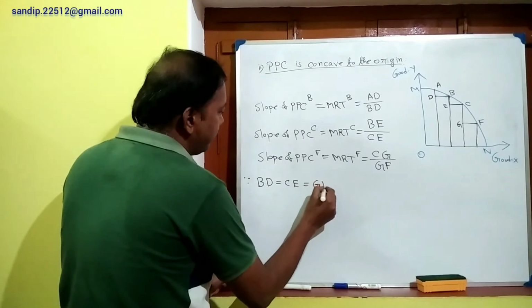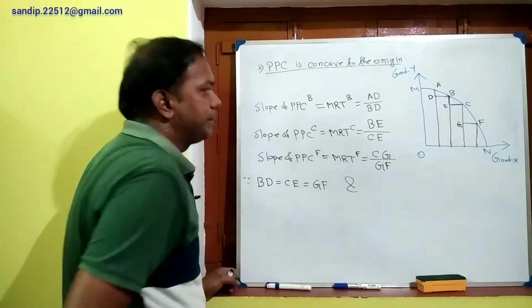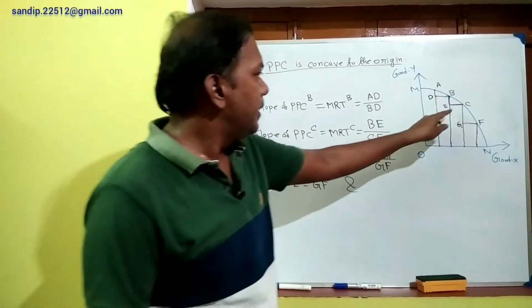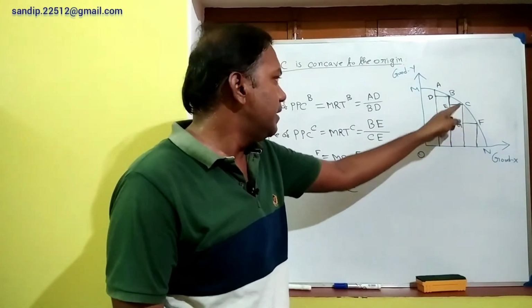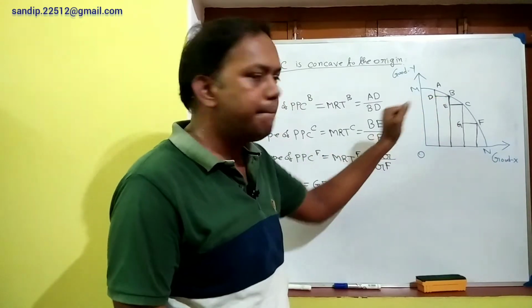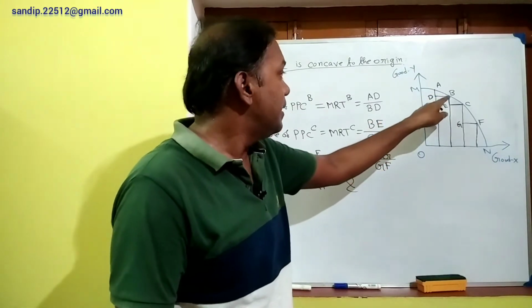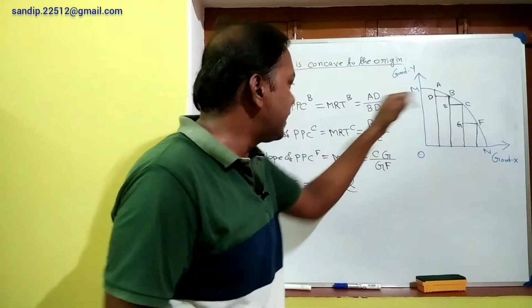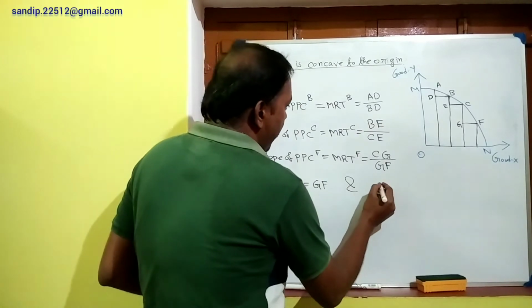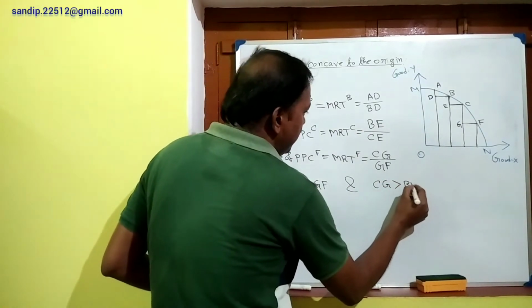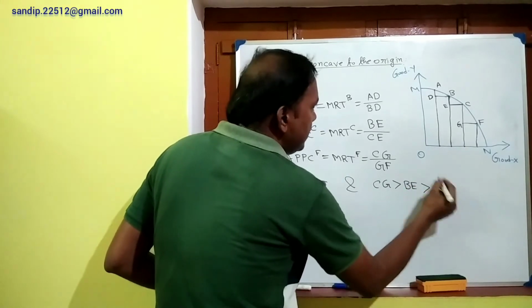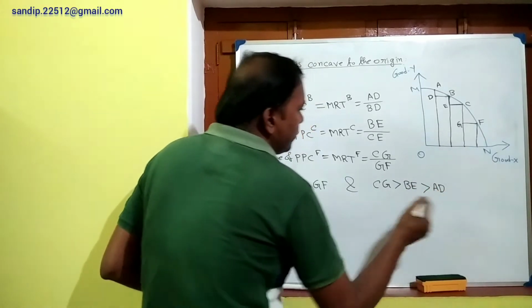And another thing you see from the graph: CG is greater than BE. Again, BE is greater than AD.